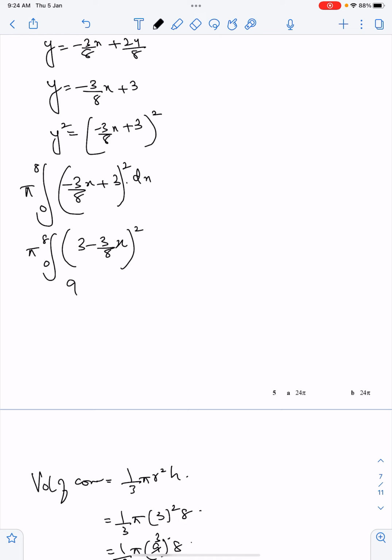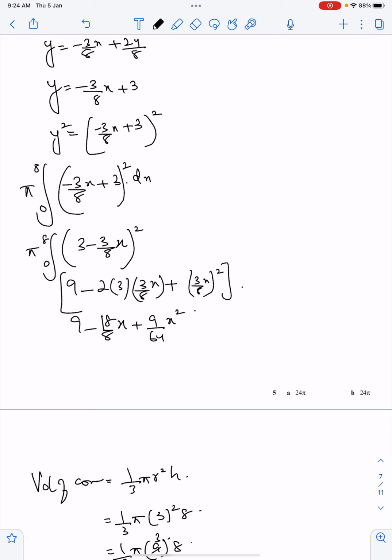When I expand it, I will get 9 minus 2 into 2 into 3 into 3 upon 8x plus 3 upon 8x the whole square. Simplifying it further, 9 minus 18 upon 8x plus 9 upon 64 x squared.